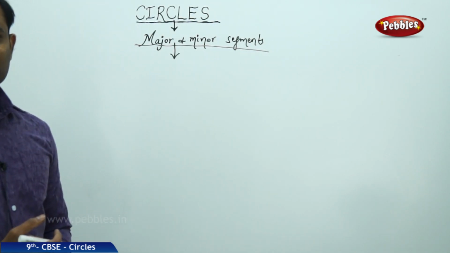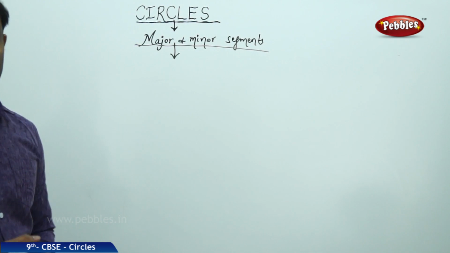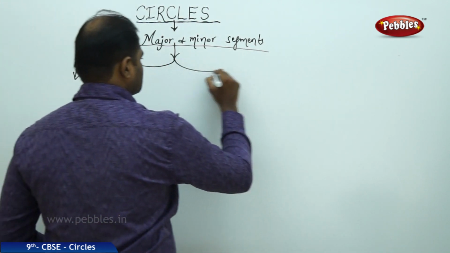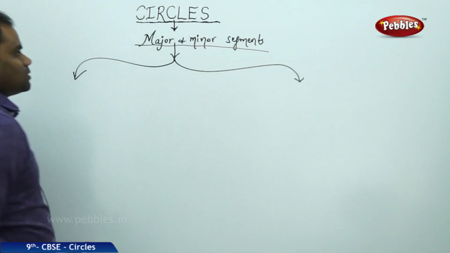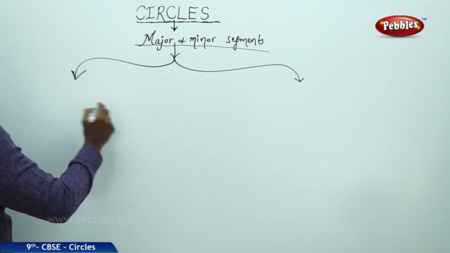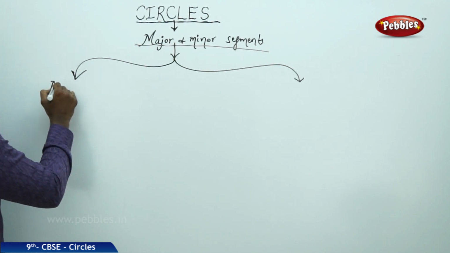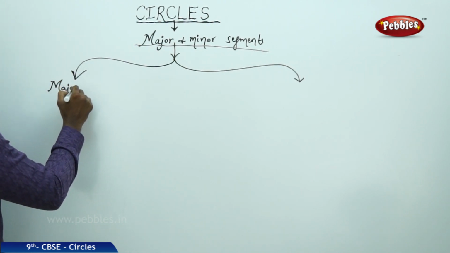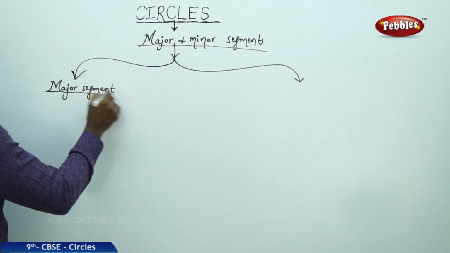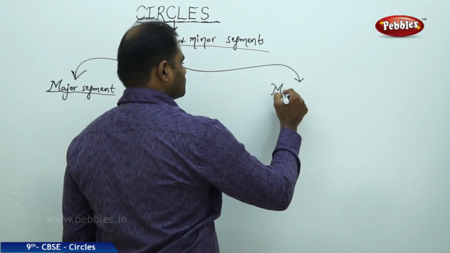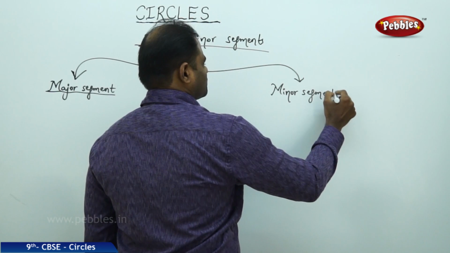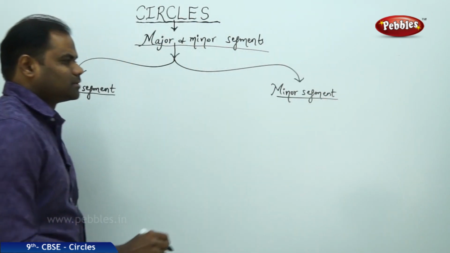So let's see the basic definitions of major and minor segments. Let's classify the given circle into 2 different cases: major segment and minor segment.